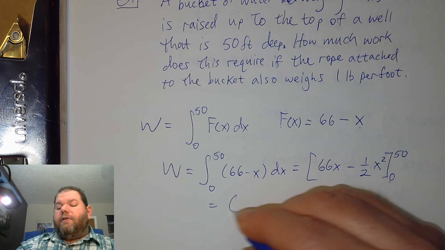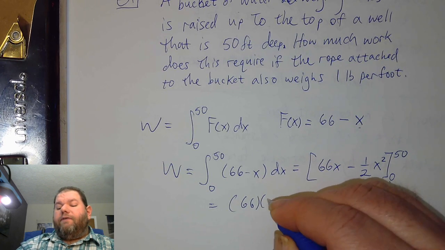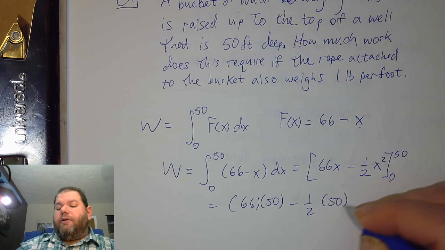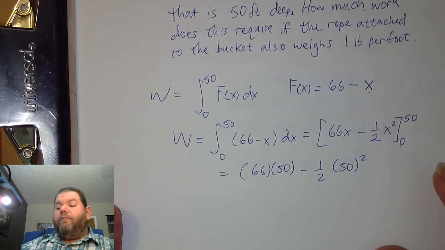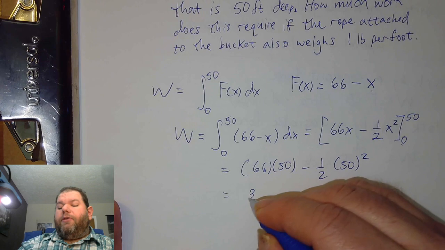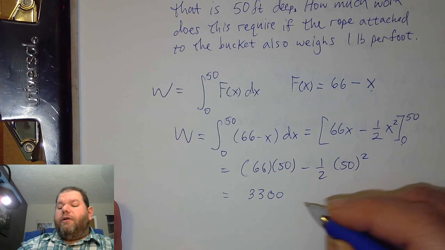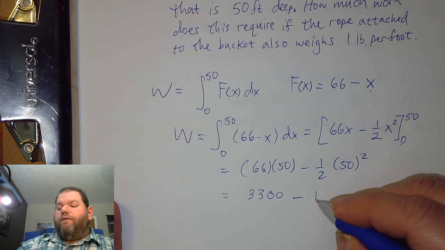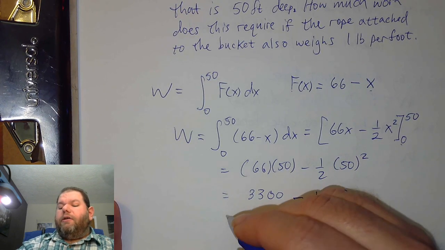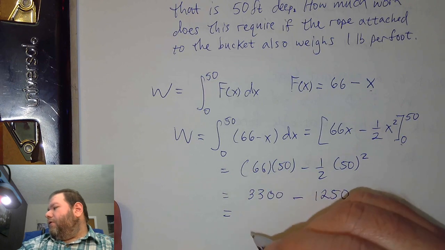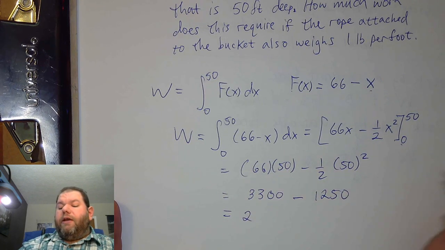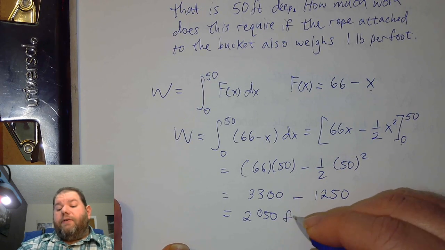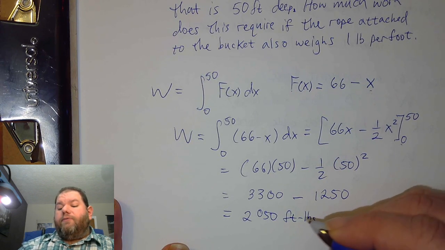So we get 66 times 50 minus 1/2 times 50 squared. So we get 3,300 minus 1,250, and so we end up overall with 2,050. And this is foot-pounds of work.